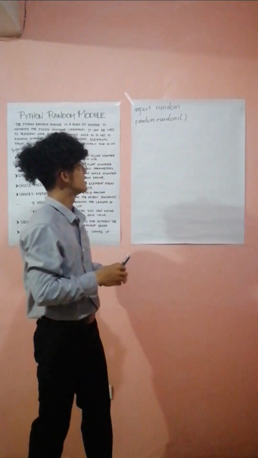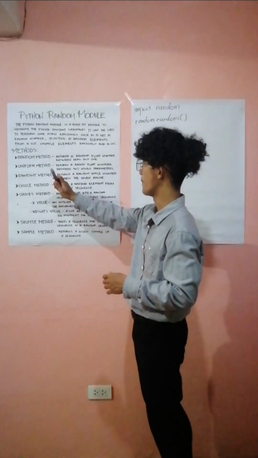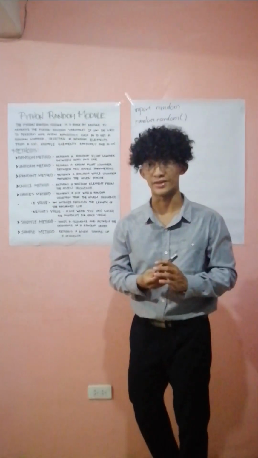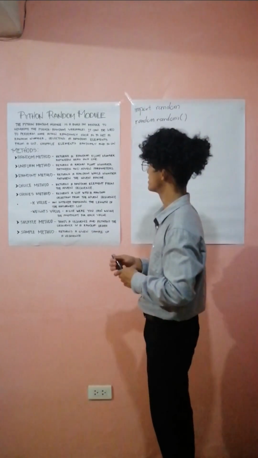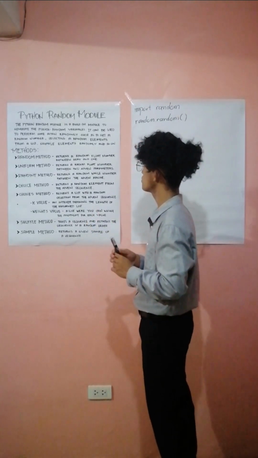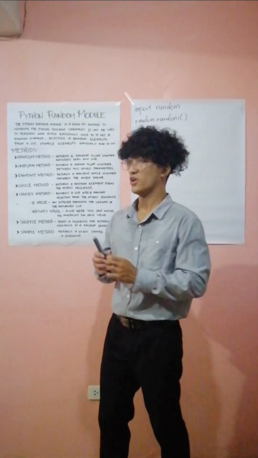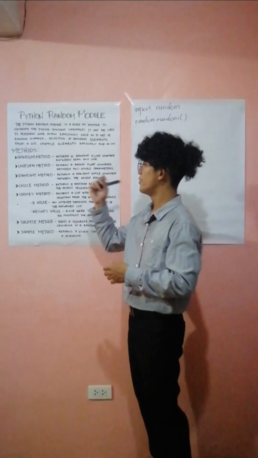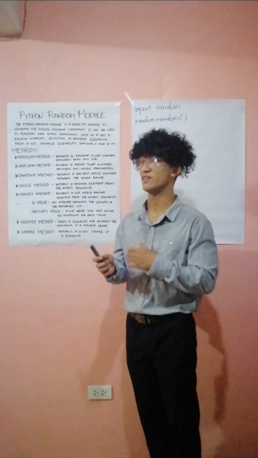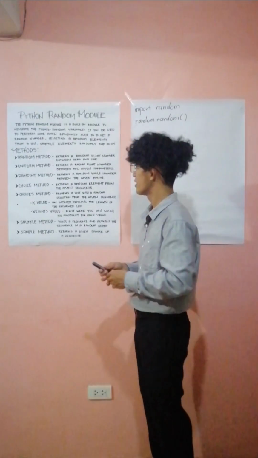So let's move on to the second method, which is the uniform method. What is the uniform method? The uniform method returns a random float number between two given parameters. So it's like the random method, which gives a random float number, which means it has a decimal point.